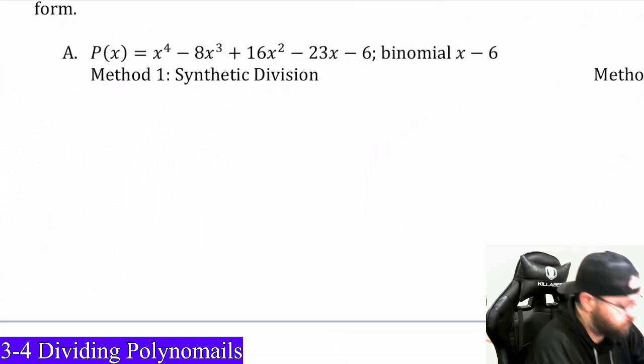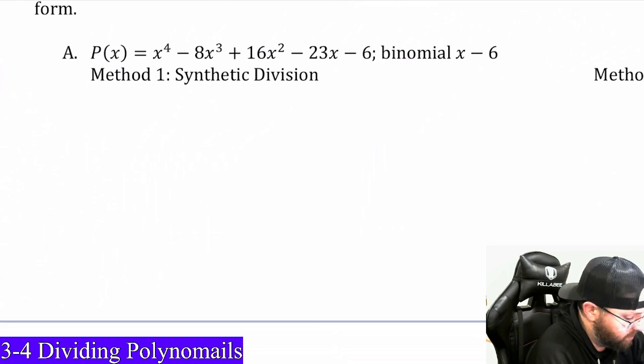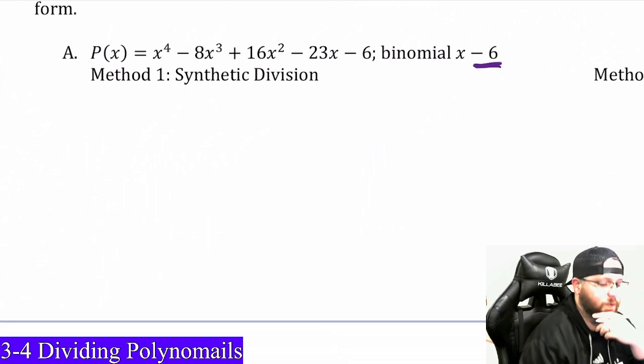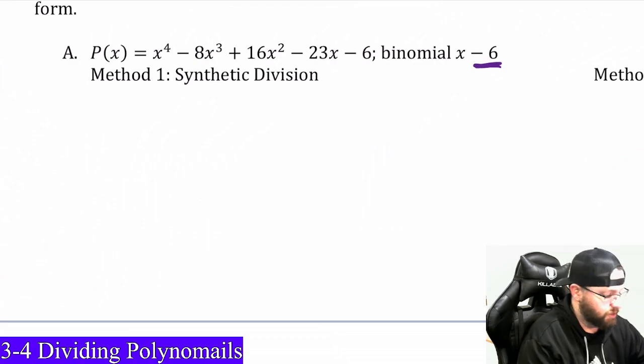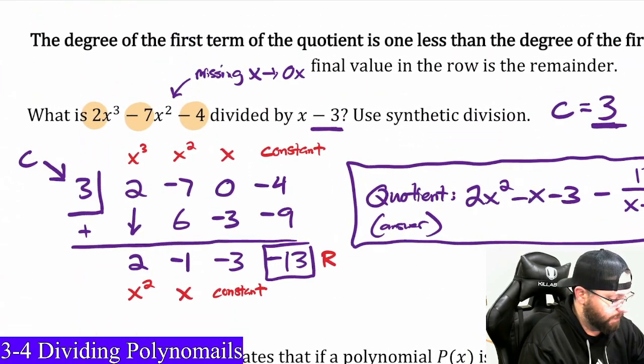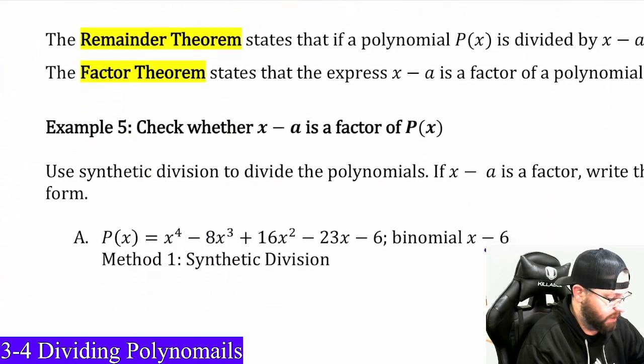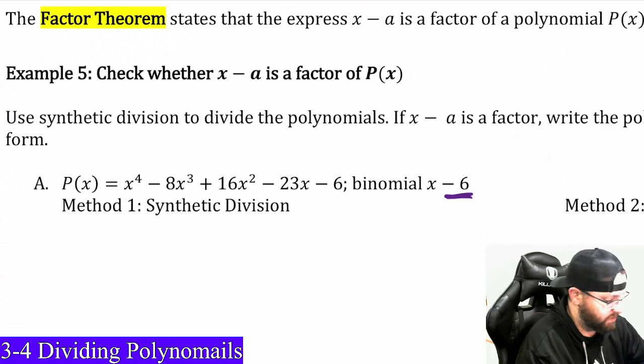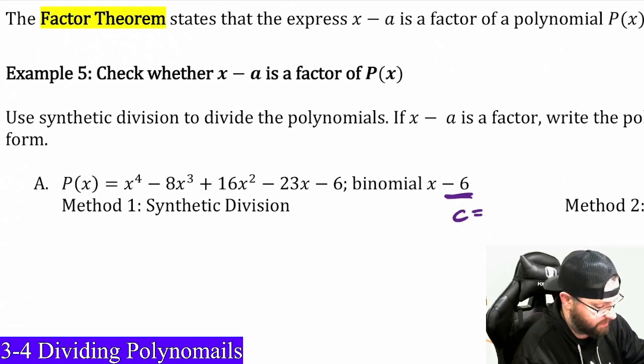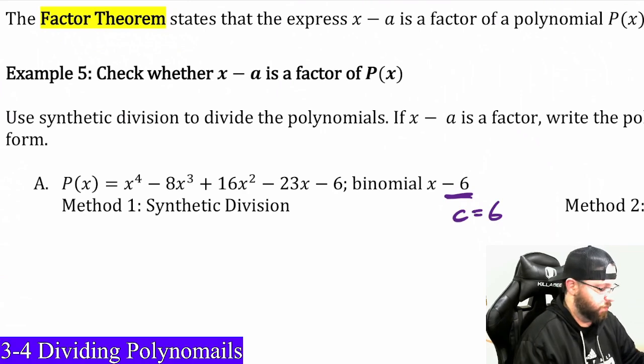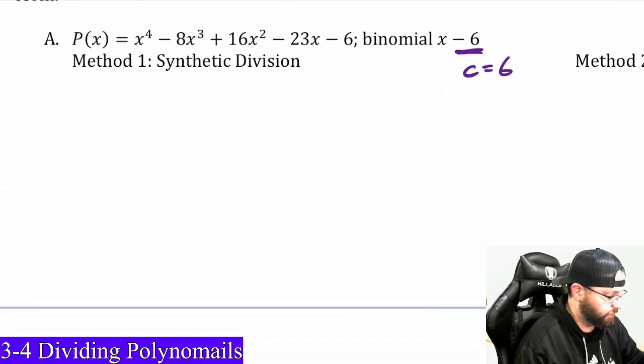Okay, so this here tells me once again what my value of c is, right? Just like up top, we had a minus 3, so therefore c was a positive 3. Now we got a minus 6, which means c is a positive 6, and we're going to use synthetic division.